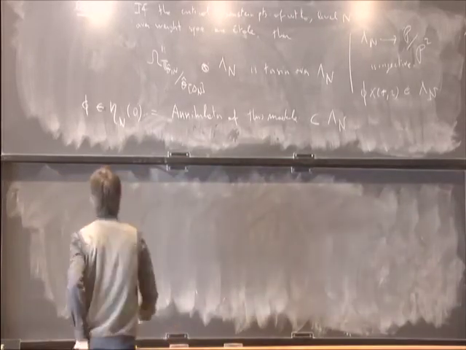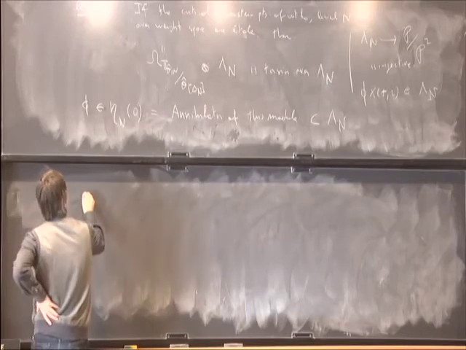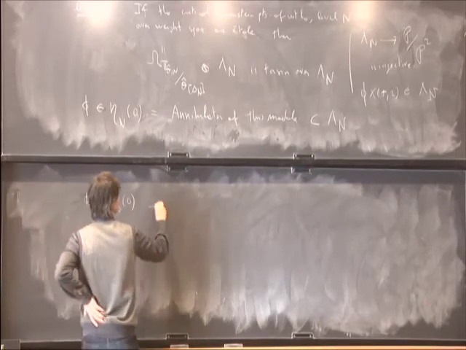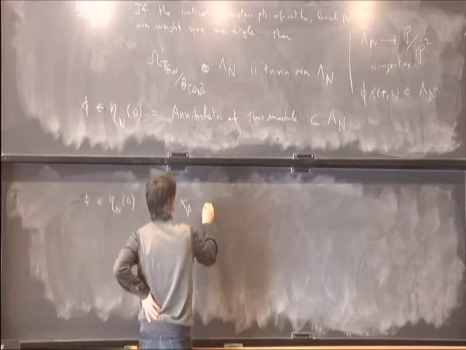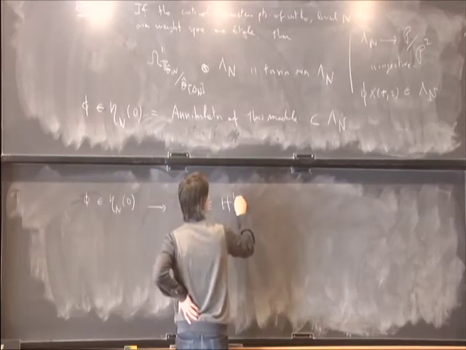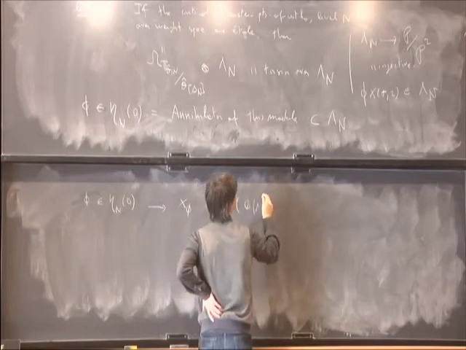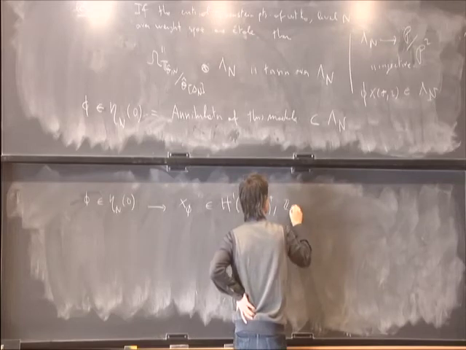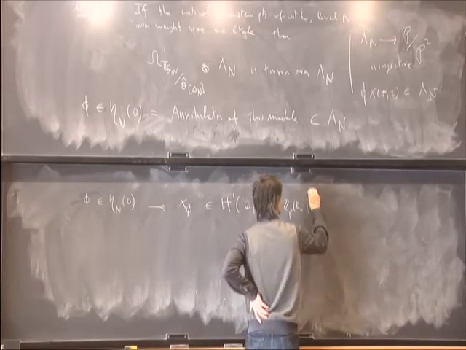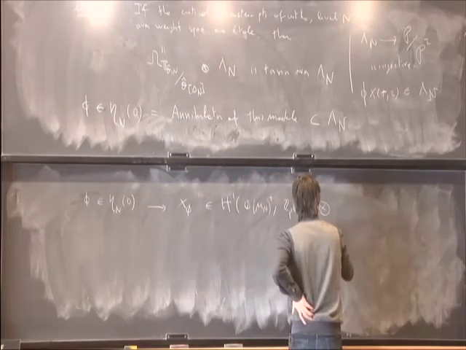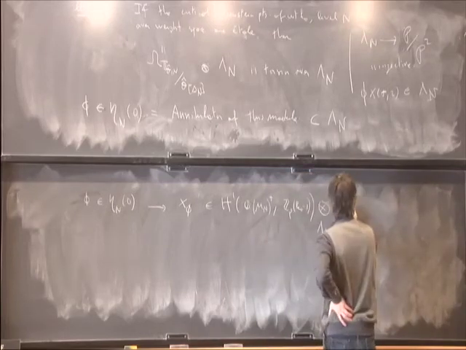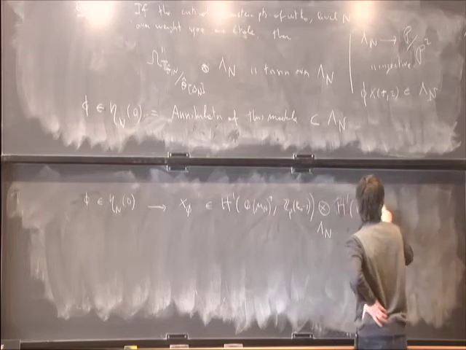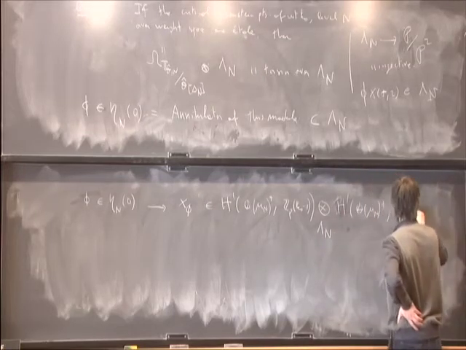Okay, so therefore you see that if you take element phi in eta n 0, then you construct element x phi inside H1 of Q of mu n plus ZP k naught minus 1 tensor lambda n of H1 of Q of mu n plus ZP of 1 minus k naught.